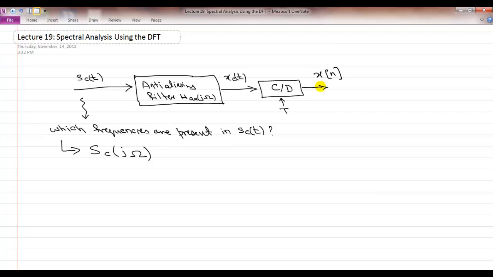But if you want to do spectral analysis, your goal is to analyze that inside your computer or some other device, and that requires a certain finite collection of samples. If you sample your Wi-Fi signal, the signals just keep on coming.